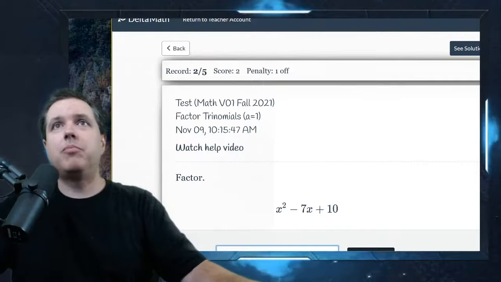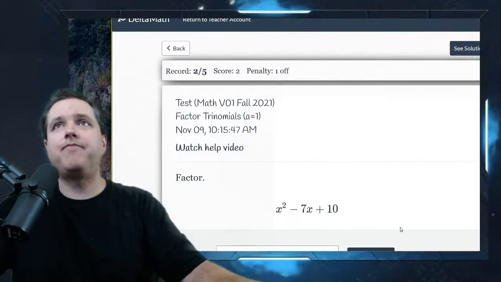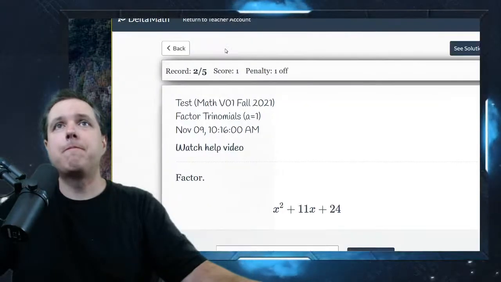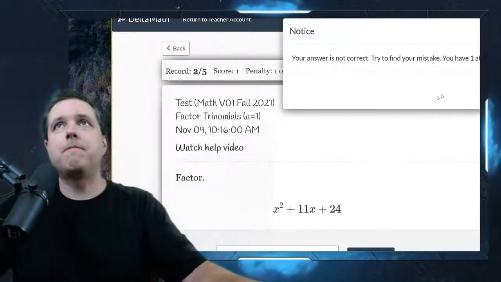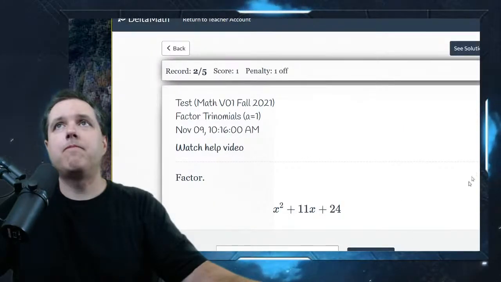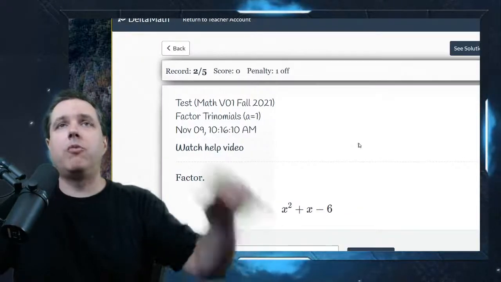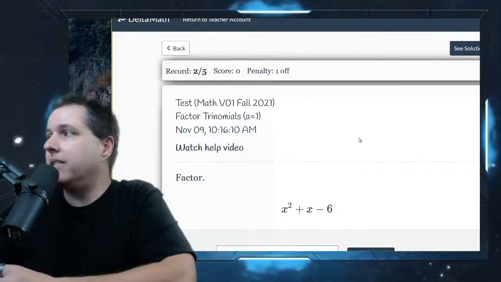There's a specific type of problem I'm looking for here. Let me see if I can find it. Here we go. Okay, so something like this. X squared plus x minus 6.